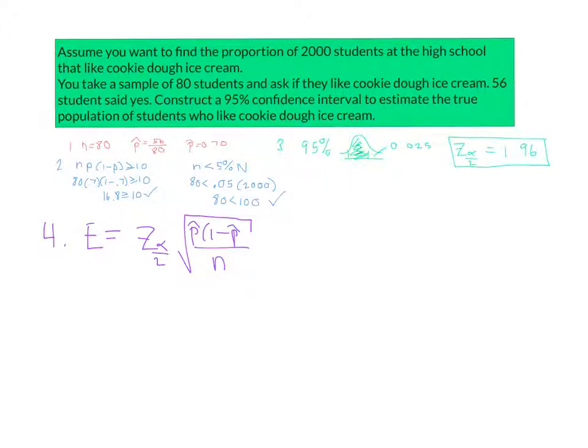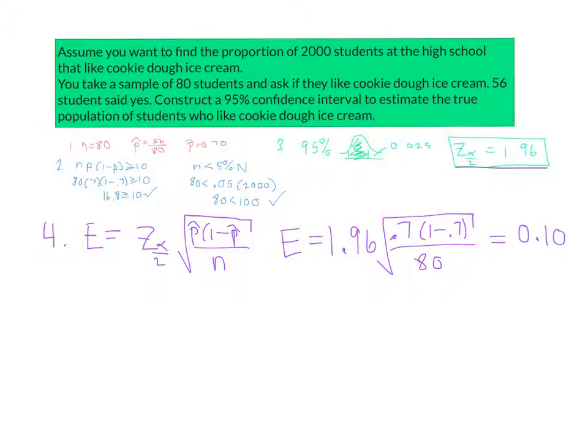So if we go and calculate that, our margin of error is going to be the z-score that we found, 1.96, times the square root of 0.7 times 1 minus 0.7 divided by 80. I'm just going to plug this into my calculator and I get my margin of error to be 0.10. So we have our margin of error now.